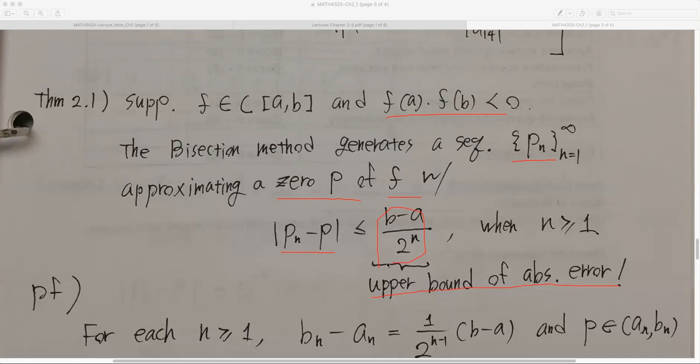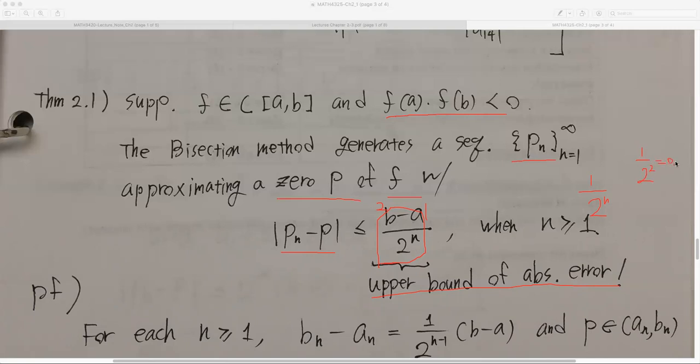For example, let's say a and b are given. Let's say a is 1 and b is 2 in example 1. So the numerator must be 1, right? So 1 over 2 to the nth power. I want to get the approximate solution within the error, for example, 0.25. Then n must be 2, right? Because 2 to the 2 squared is 4, so 1/4, which is 0.25.